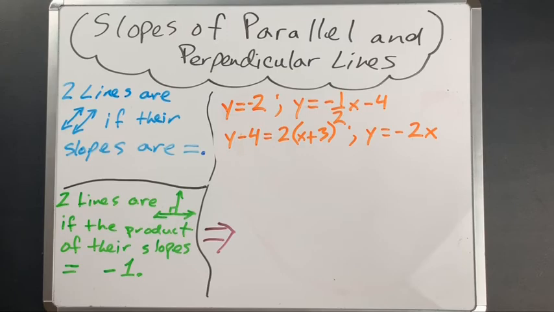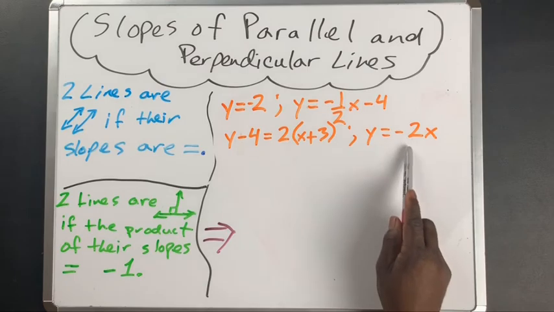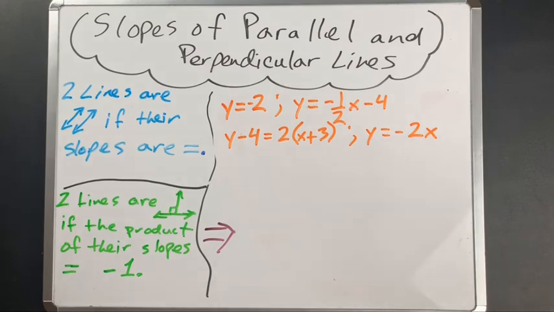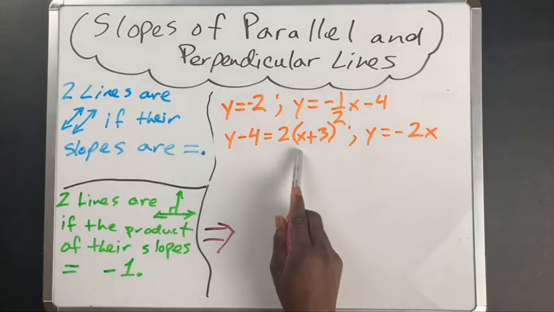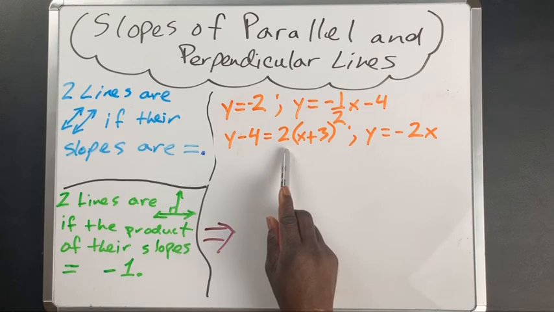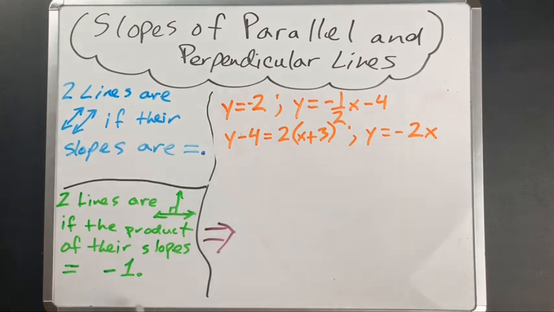I see we have a -2 here as a slope, and I see I have a +2. If I distribute that, that would be 2 times x. 2 times -2 is -4, so that's not going to work. I need their products to equal -1. Keep on looking.